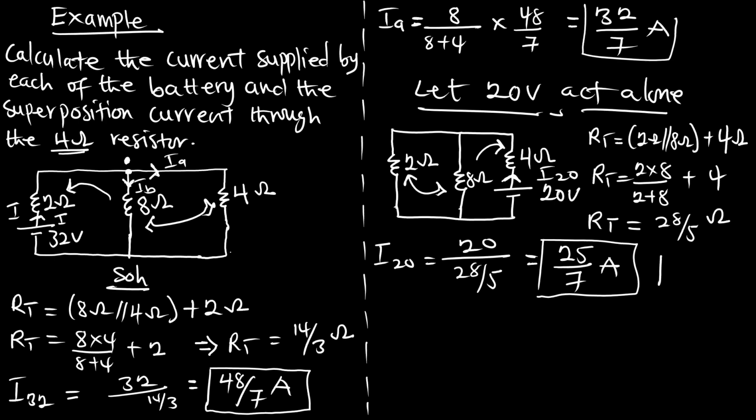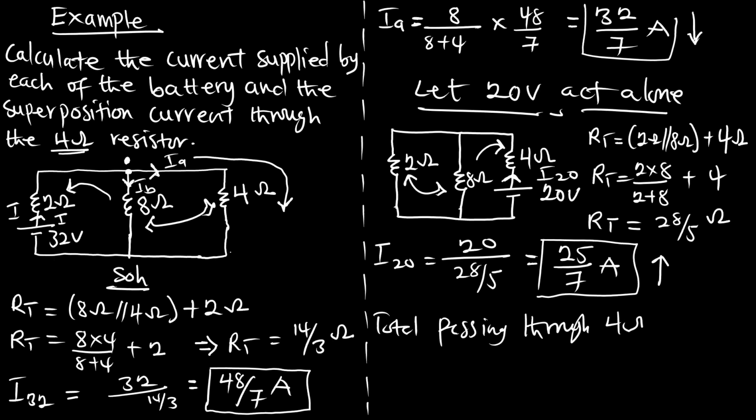current is going upwards. And from the first analysis, when the 32 is acting alone, we can see that the current through the 4 ohm is going to be downwards. So that is going to be downwards. Therefore, the total current passing through the 4 ohm is going to be IA plus I20.